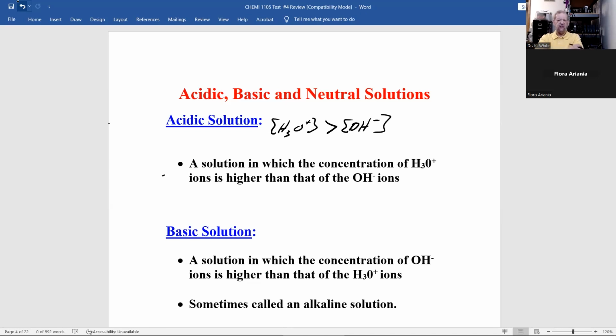So, acidic solution: the hydronium ion concentration is greater than the hydroxide.